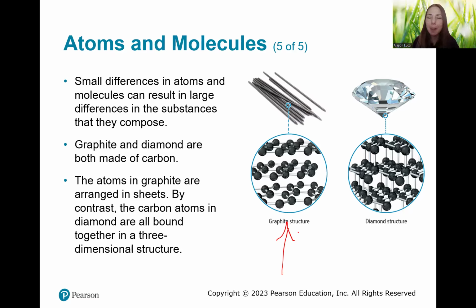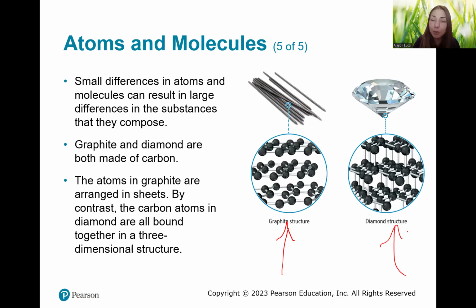These sheets of graphite give the pencil its functionality, so these sheets can slip onto your paper. Versus diamond, the molecular structure on the right, we can see it's this crystalline repeating pattern, or rather a covalent network of these carbon atoms bonded to one another. It gives it a rigid structure.